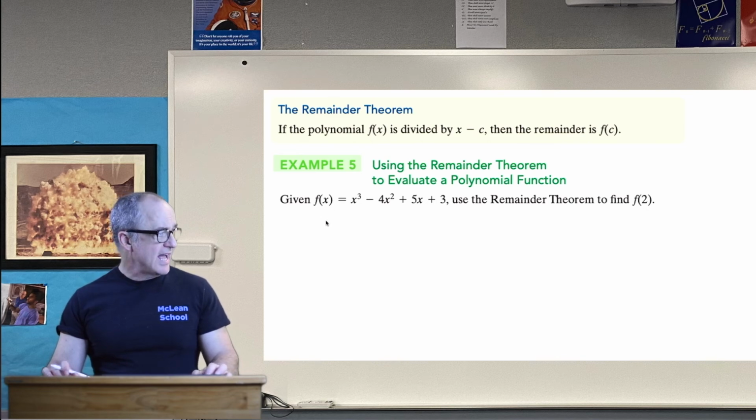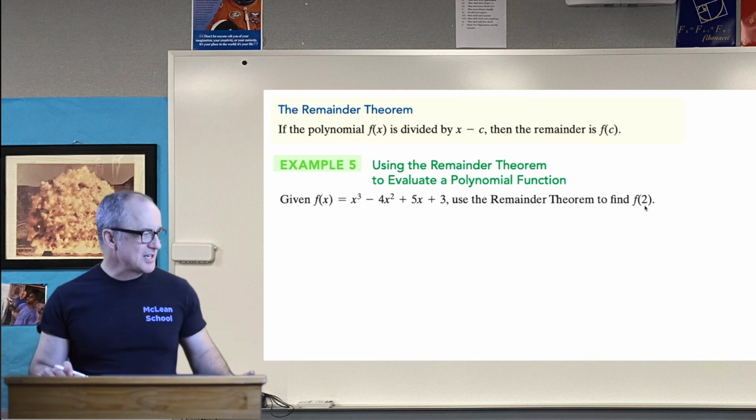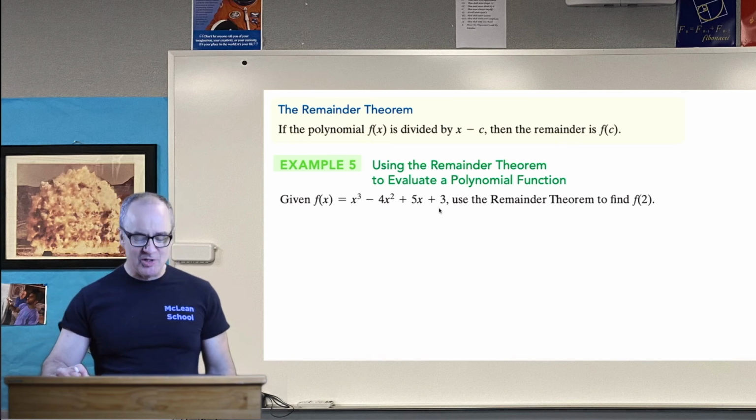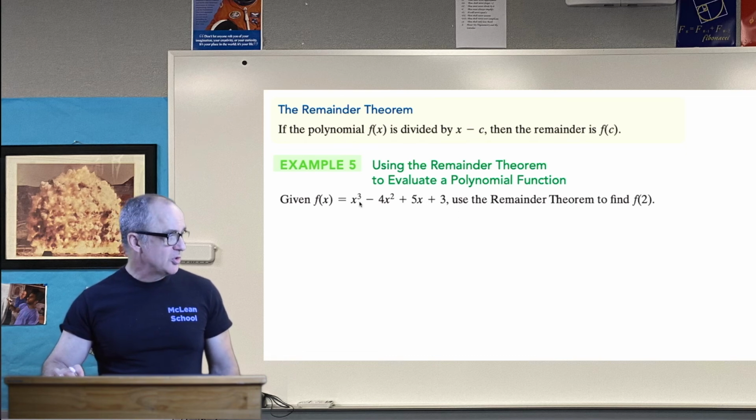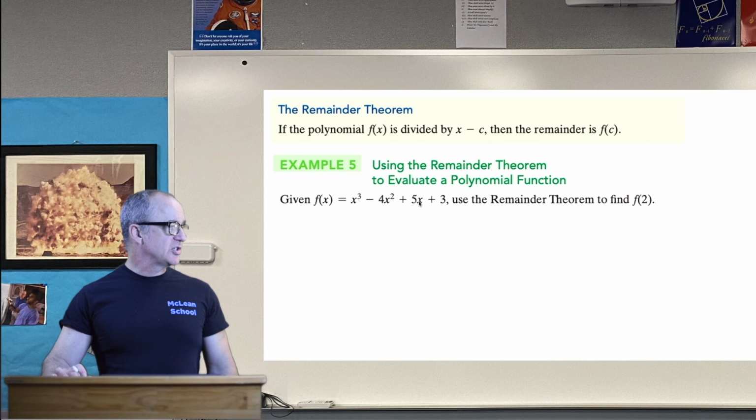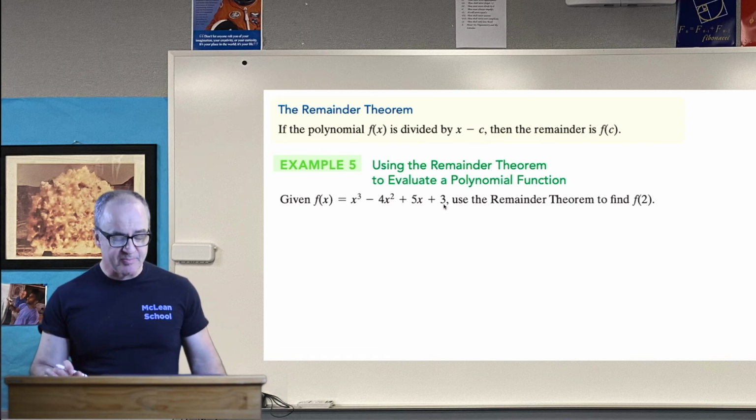If you're staring at this polynomial and you want to know what f of 2 is, you can plug 2 in here and ask yourself, well, what's 2 cubed minus 4 times 2 squared plus 5 times 2 plus 3?